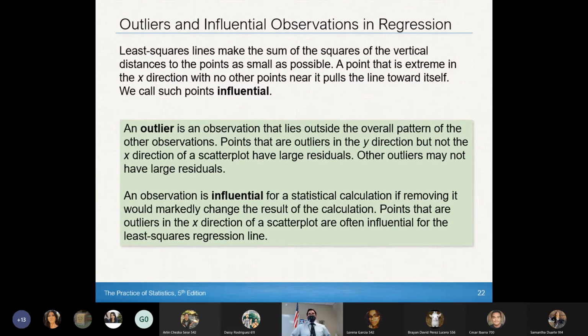Points that are outliers in the x direction of a scatter plot are often influential for the least squares regression line. As we saw in the previous example that I went back to, right? That child 18 is a more influential point in that it swings that regression line. Right? Points that are outliers in the y direction have more of an impact on residuals.